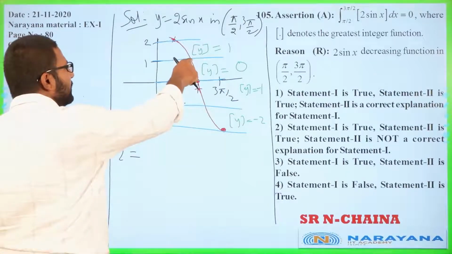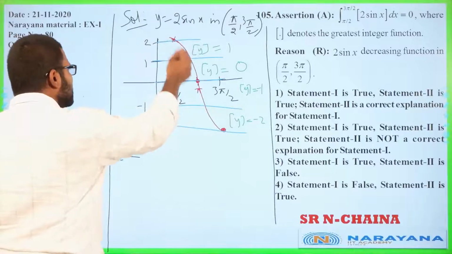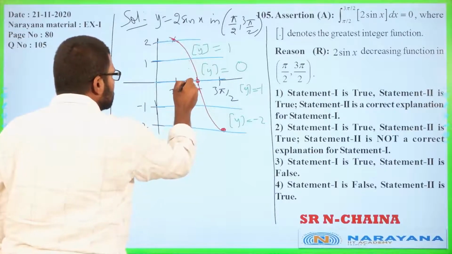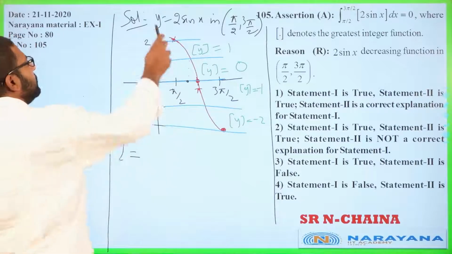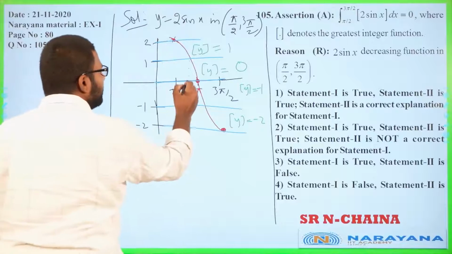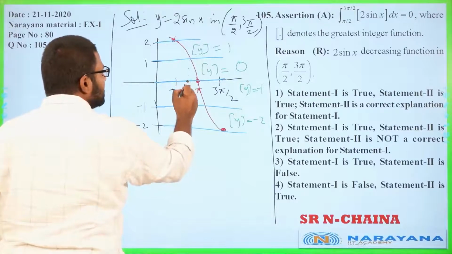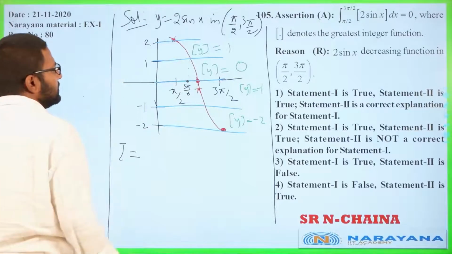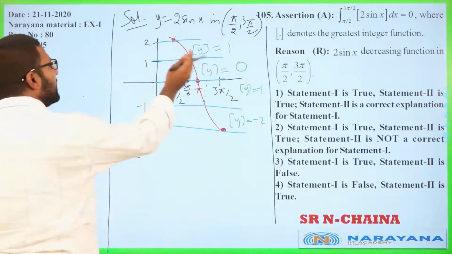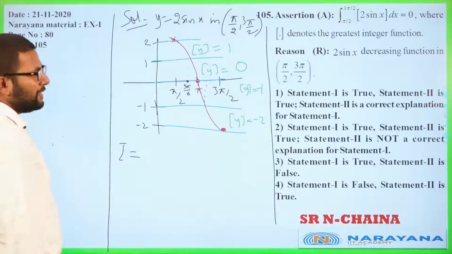You see here you have to split wherever the blue is intersecting the red. So what is this value? When 2 sin x is 1, which means sin x is half. This is 150 degrees or 5 pi by 6. Similarly, this splitting happens at pi plus pi by 6, 7 pi by 6.